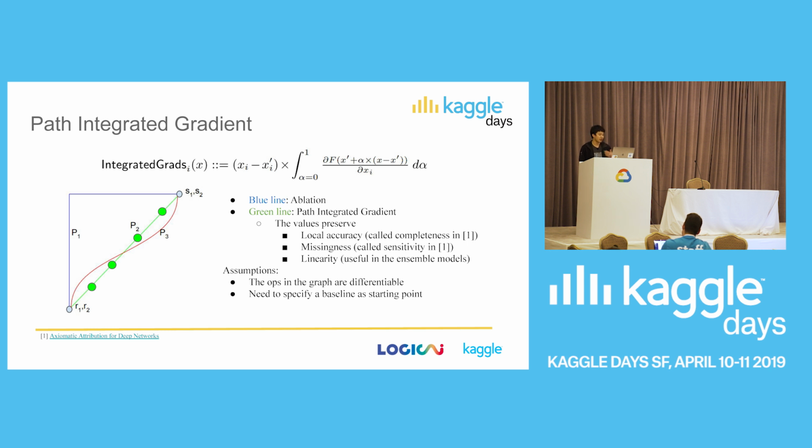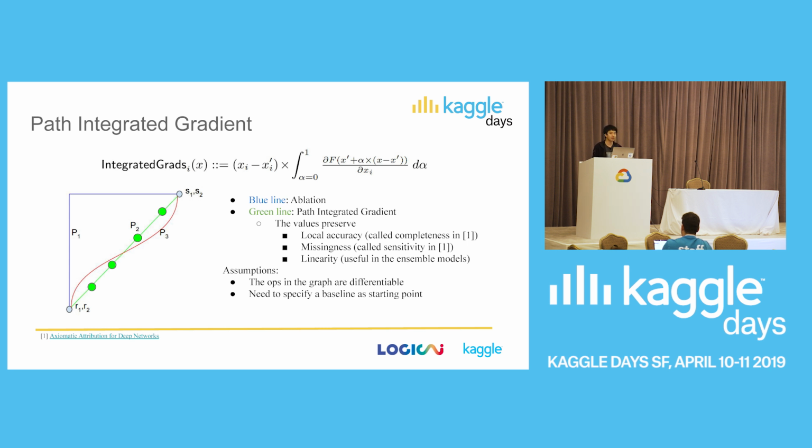Here I just want to point out another one, which is the blue line. The blue line is also a common way to get interpretability. What it does is it tries to mask only one of the features and compute the prediction for the rest, and then do it iteratively.